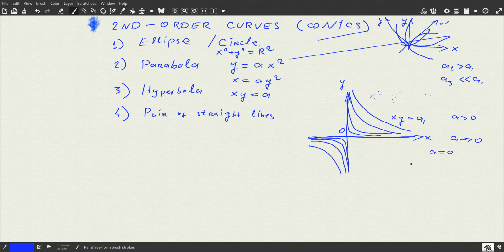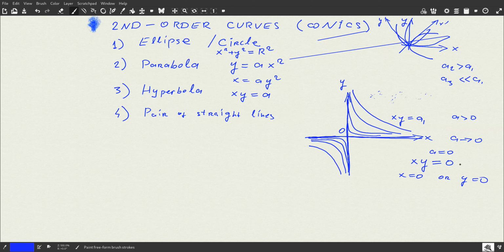to 0, we have an interesting equation xy equals 0, which is a limiting case of a hyperbola as well, which means that either x equals 0 or y equals 0, which actually means that both the x-axis and y-axis do satisfy this equation.